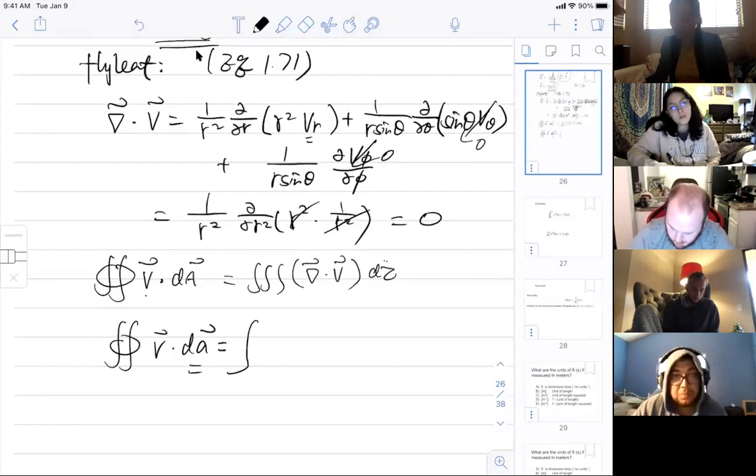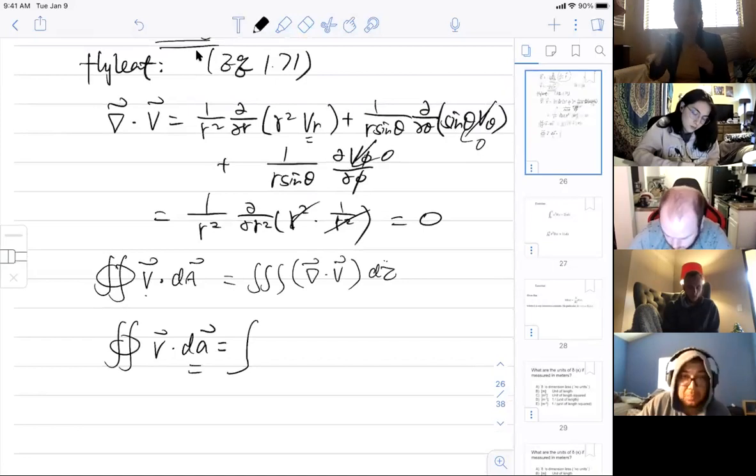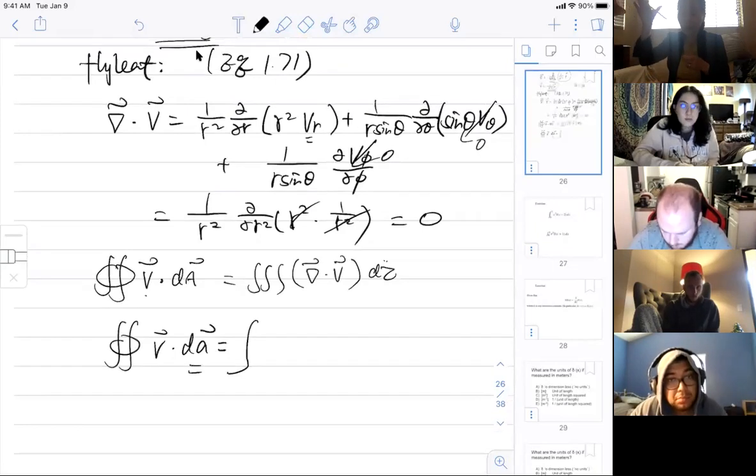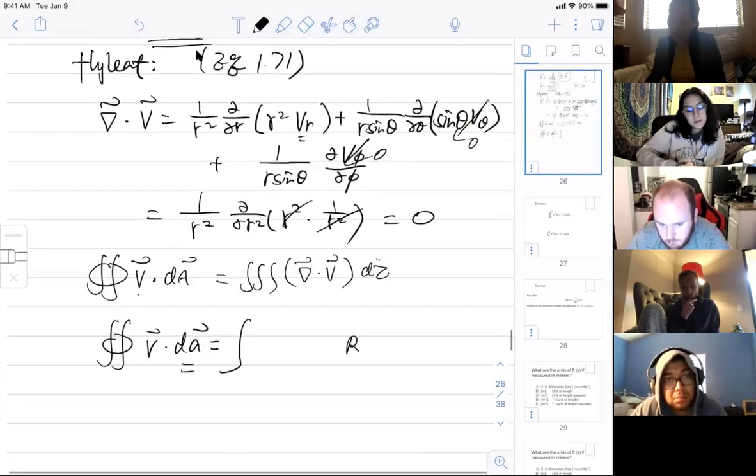Okay, so given a particular length, you can see your R is actually fixed, right? You're on a particular radius. Your R is not a variable going in and out, it's a fixed radius. So I'm going to represent my dA using capital R squared sine theta d phi.